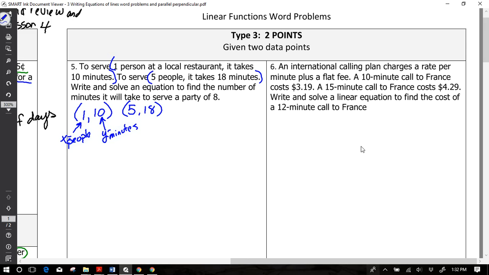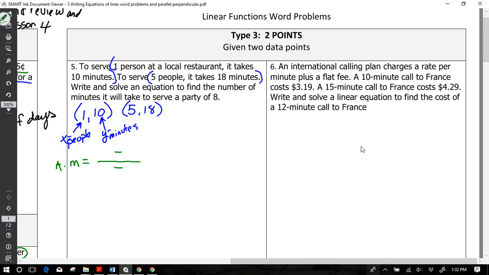So these are my 2 data points. What I need to do first is to find the slope. So step A, or 1, whatever you want to call it, is the slope. So we're going to need to use the slope formula.